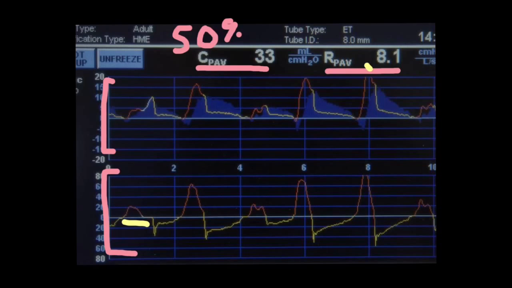It creates a certain amount of work also in relation to my compliance or elastance, and it's giving me a corresponding pressure to overcome that. And as you see, the next breath is different, so it's giving me a little higher pressure. So proportional assist is a very responsive mode, and it's great for flow synchrony. So this is a brief description of proportional assist ventilation. Thank you.